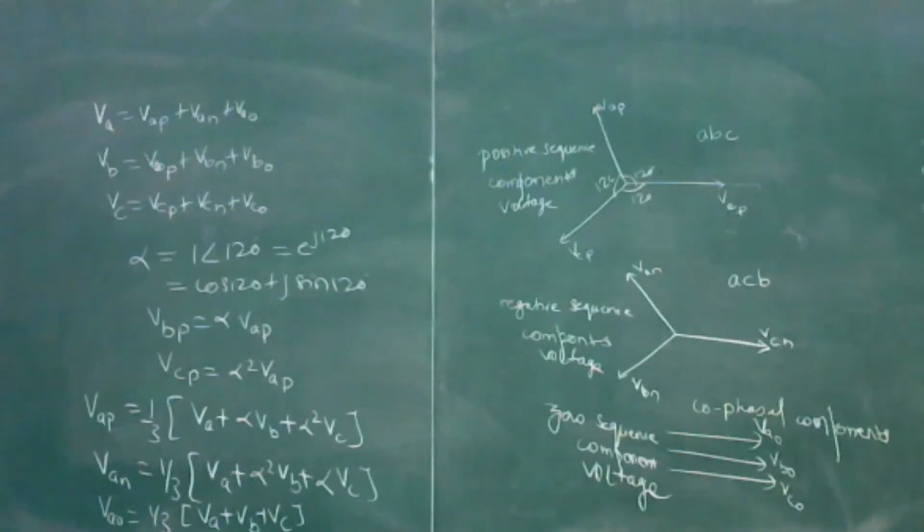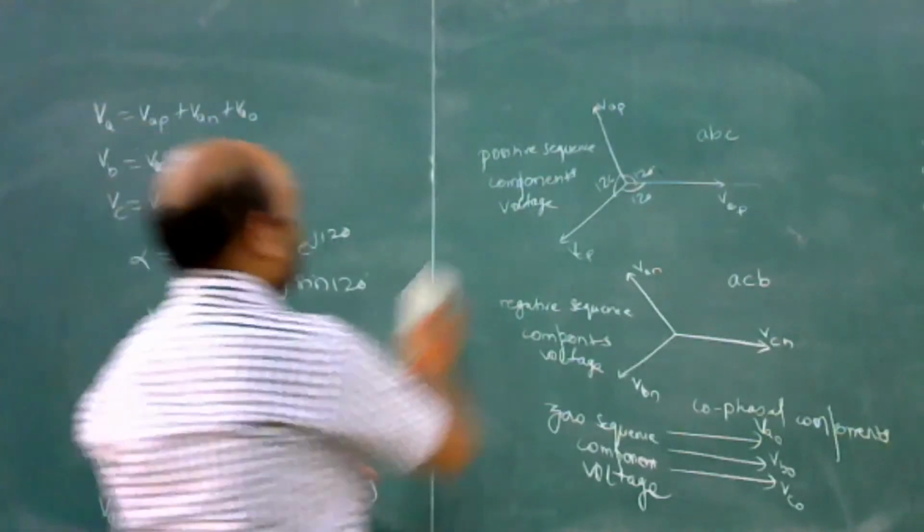So now we will find the effect of positive sequence on the operation of the induction machine. So positive sequence produces an air gap flux wave which rotates at synchronous speed in the forward direction.